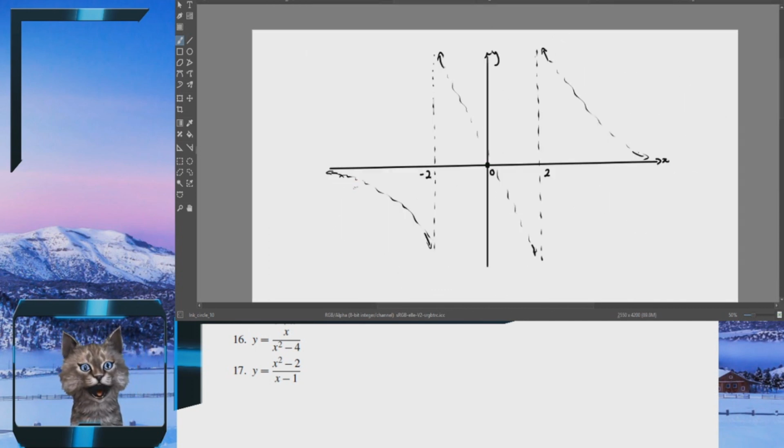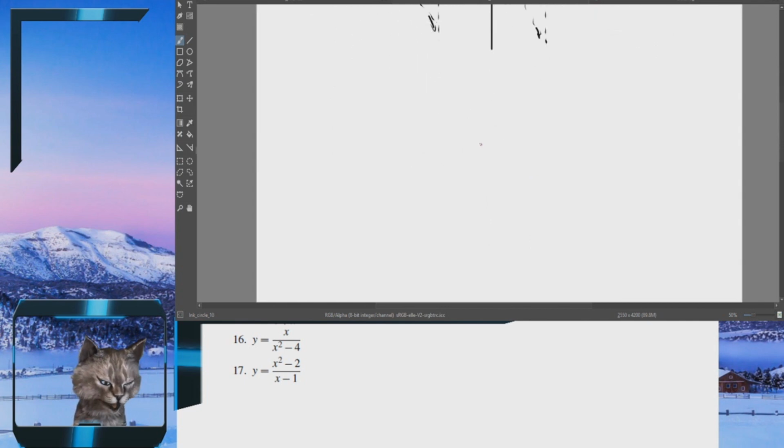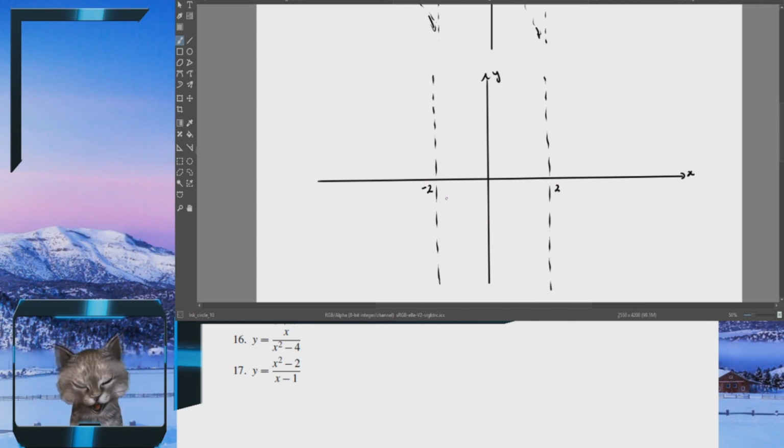So I'm bending down, then I'm bending up, down, up. And we have enough to fill in to make our graph. I'm just going to make a better looking one over here, but you can of course update it as you want to. So I have my 2 vertical asymptotes, 2 and -2.